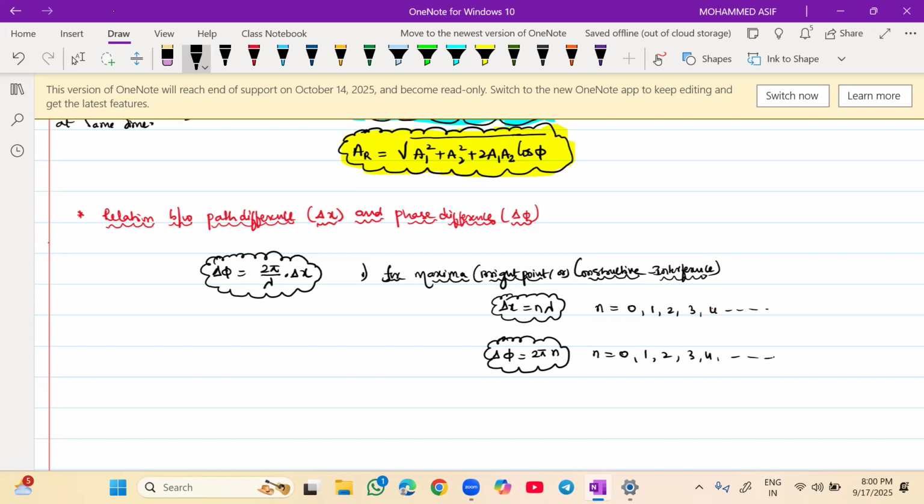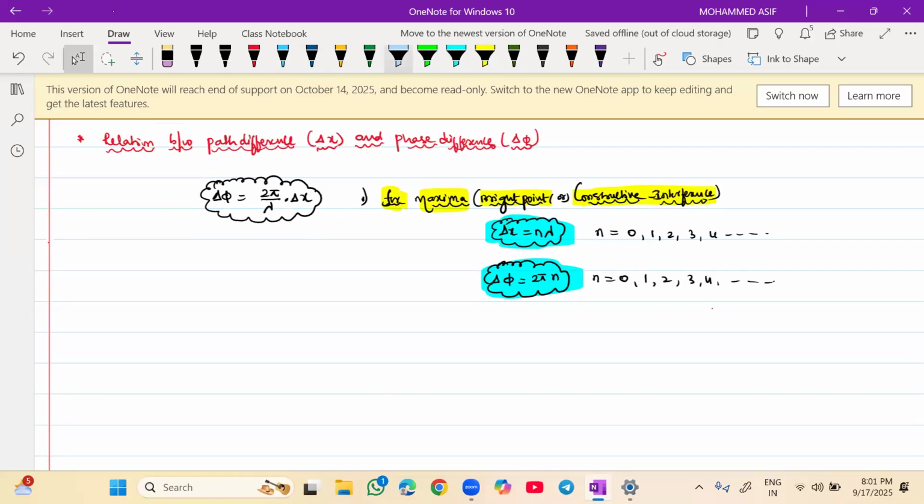Am I clear? For maximum, which is called bright point or also called constructive interference, delta x path difference is equal to n lambda and phase difference is equal to 2 pi into n. Am I clear? And very important formula is what? Relation between them. Delta phi is equal to 2 pi by lambda into delta x.